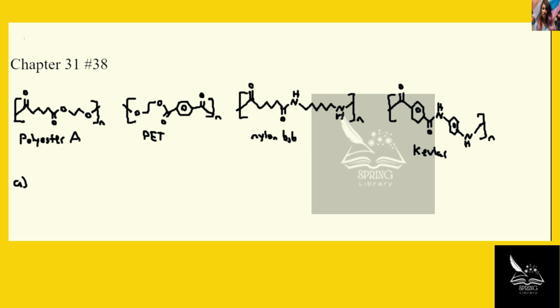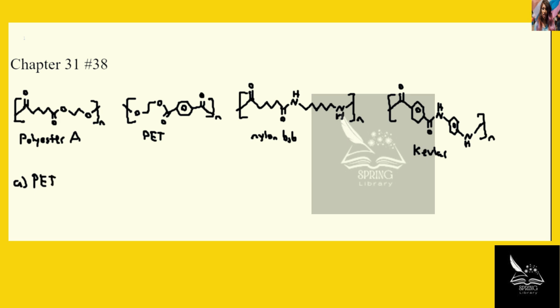Polyester A has lower Tg and lower Tm than PET because its chain is more flexible. PET has benzene rings, and the benzene rings in PET confer a degree of rigidity.